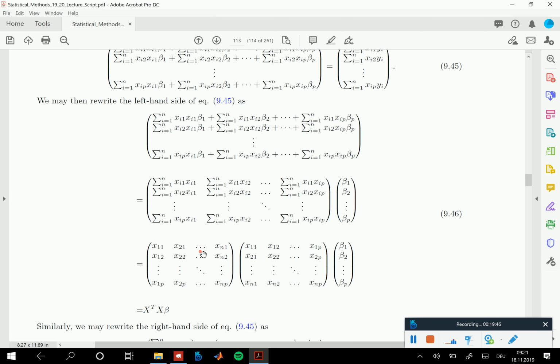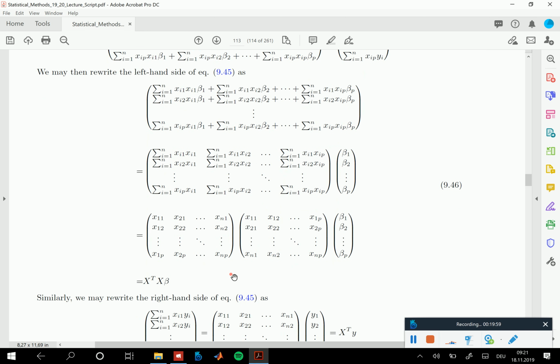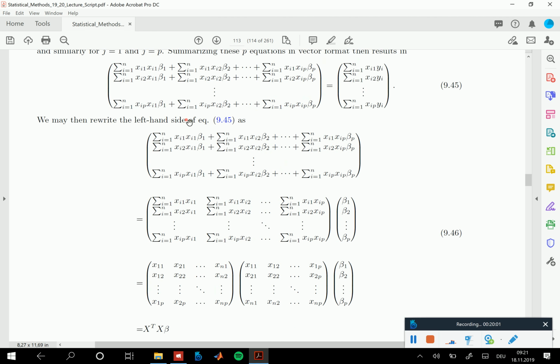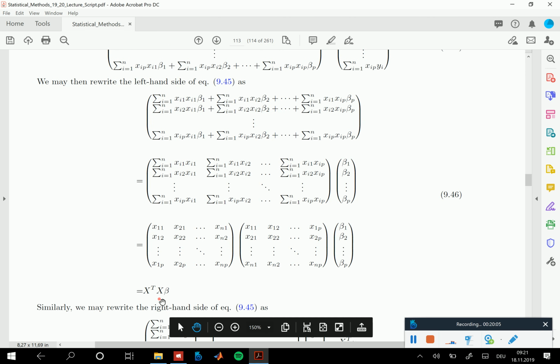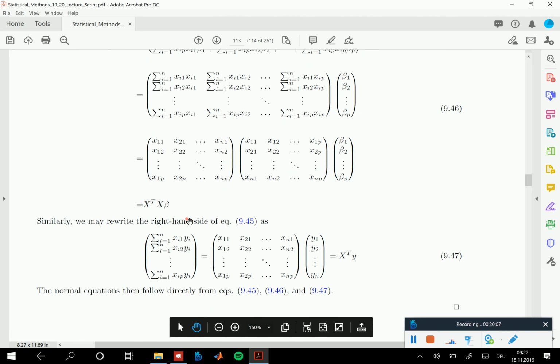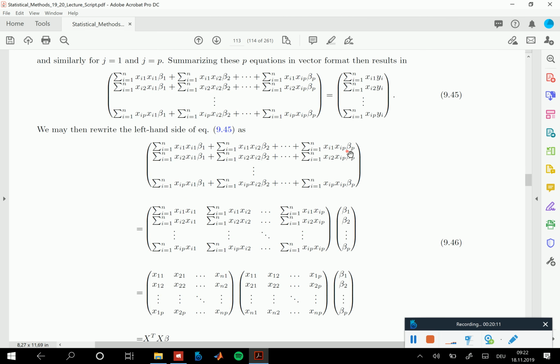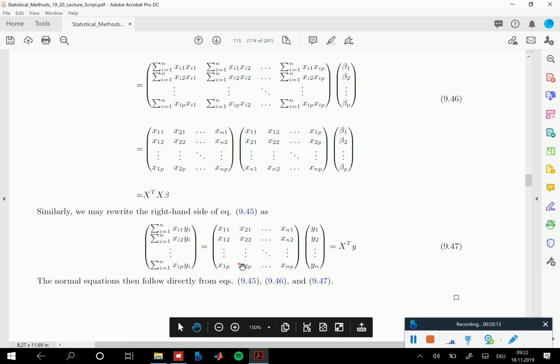It's not that fun talking about it like this, but also writing it out is not that fun. The most fun is if you go over it step by step. Then you can turn this representation into a matrix product. This is what I'm doing with the left-hand side here: it is reformulated as X transpose X beta, and I'm doing the same thing with the right-hand side, so these terms are turned into X transpose times y.